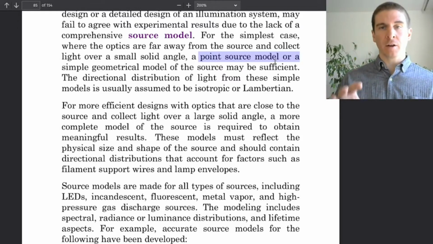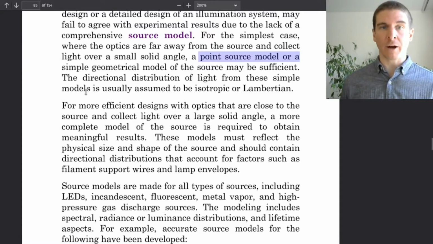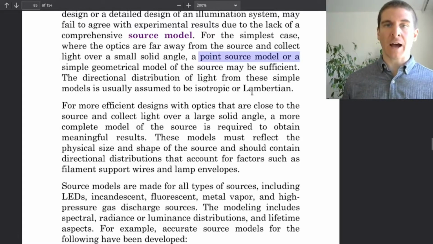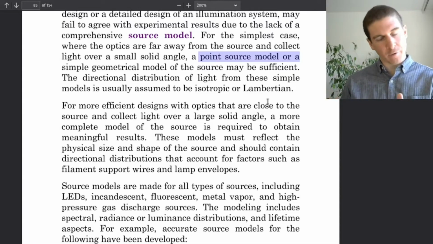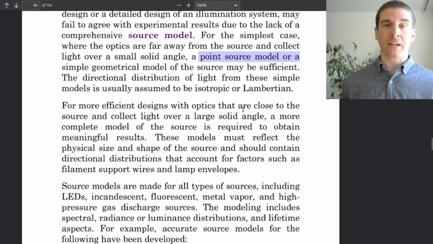But then they also add an assumption about the light intensity distribution. So the directional distribution of light from these simple models is usually assumed to be isotropic or Lambertian. So in this way, we can use the second type of definition of a point source for an LED by also saying that we assume a Lambertian light intensity distribution.